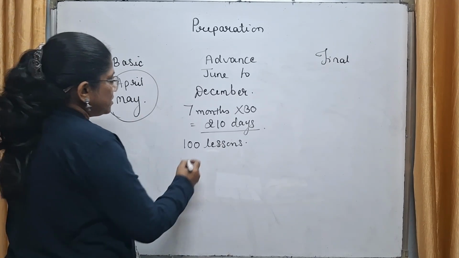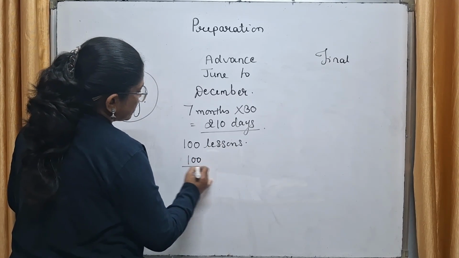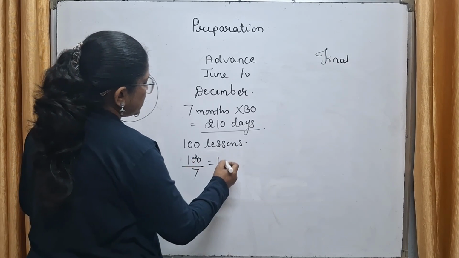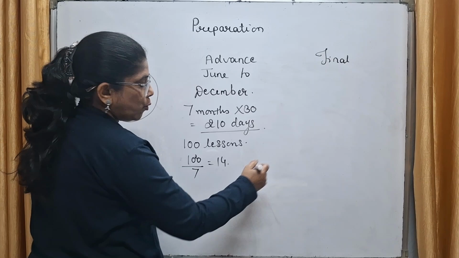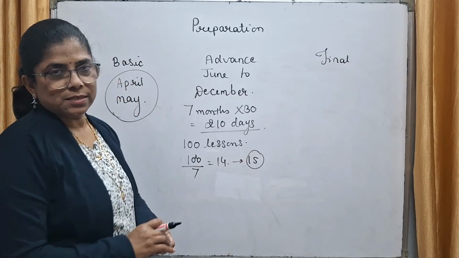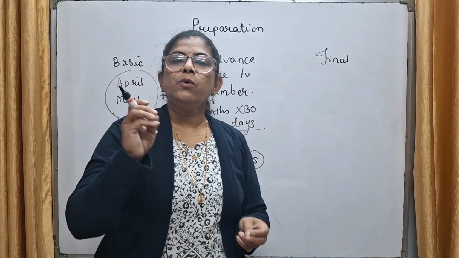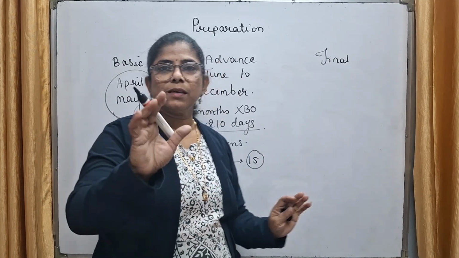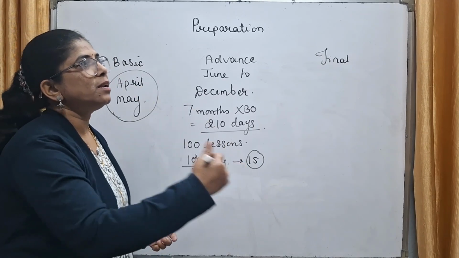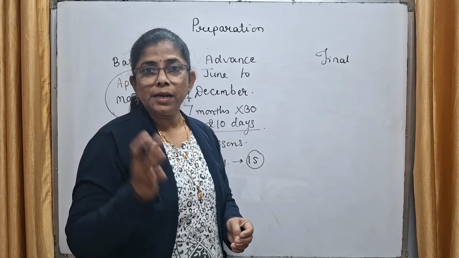If you divide 100 by 7, we get approximately 15 lessons in a month. You have to study 15 lessons in 1 month, which means 15 lessons in 30 days.